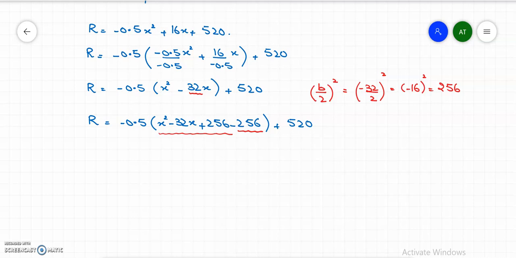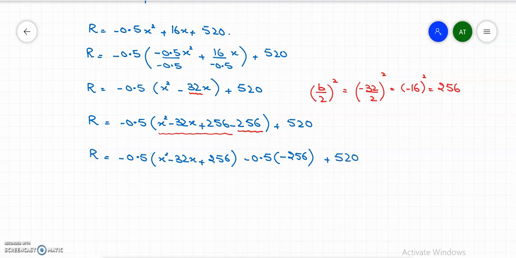Let's do it. So we have r equals negative 0.5 distributed on x square minus 32x plus 256, and negative 0.5 distributed on negative 256, and then plus 520 stays the same.